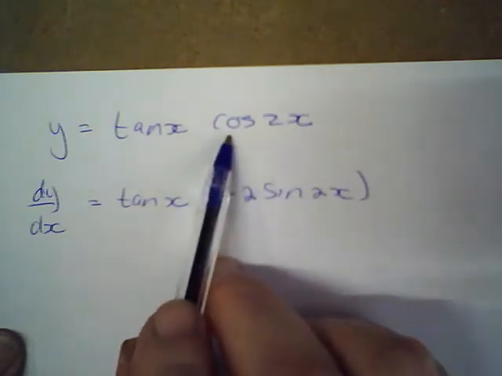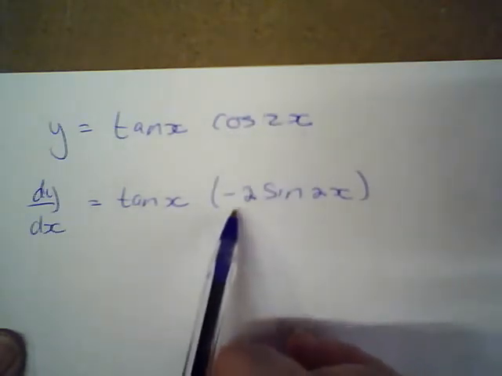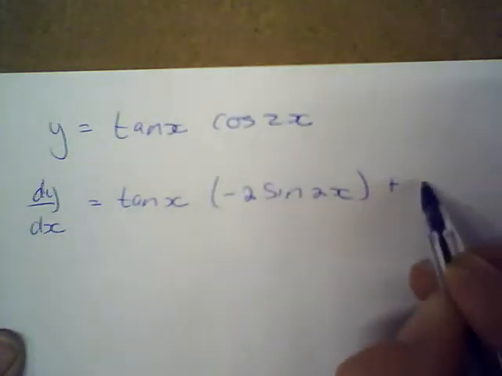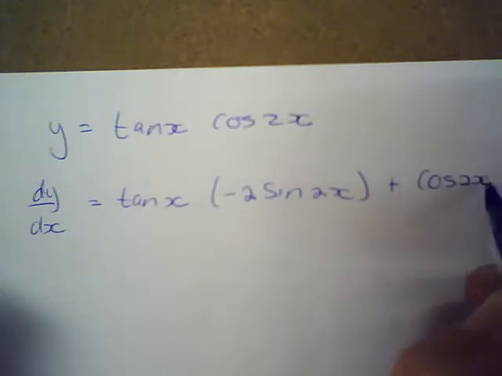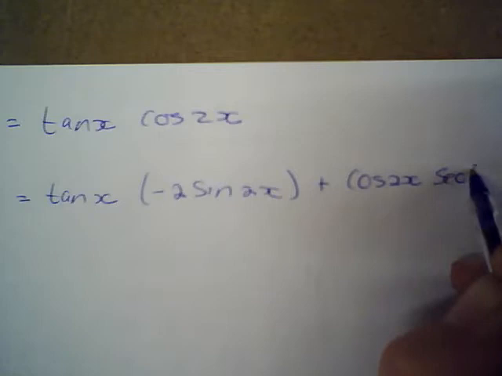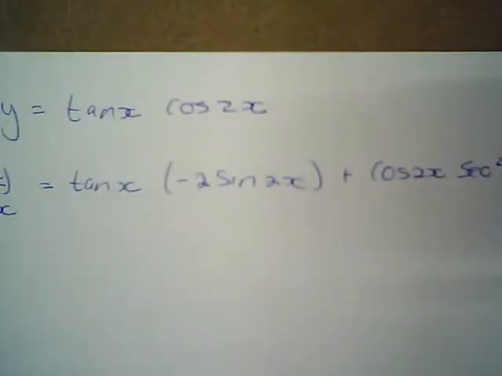It's the derivative of the outside times the derivative of the inside. The derivative of cosine is negative sine, and the derivative of the inside is just 2, plus the second times the derivative of the first, and the derivative of tan is sec squared x. Okay, good. Now let's write down what we have.